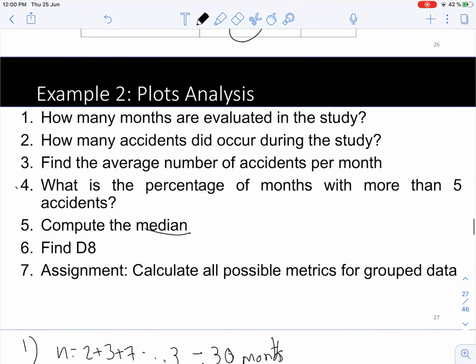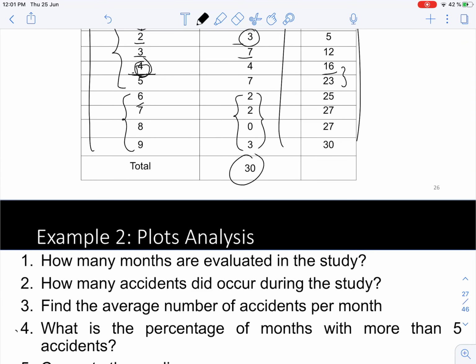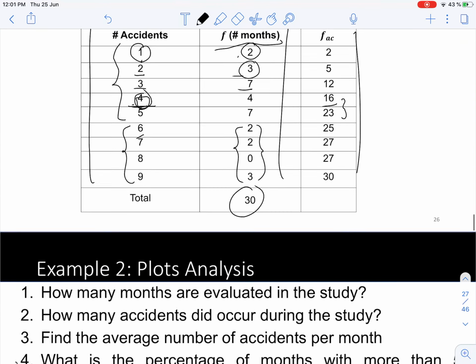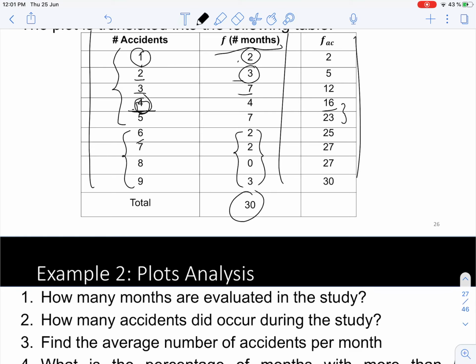24.8. So I'm gonna check where position 24.8 is, and that will be here in this class. 6 accidents, right? Because the cumulative frequency is 25. That means that here we have two positions, position 24 and position 25. So 24.8 is right there.